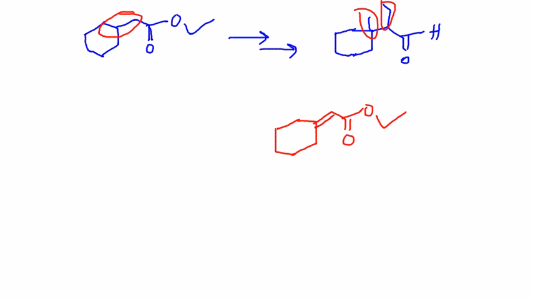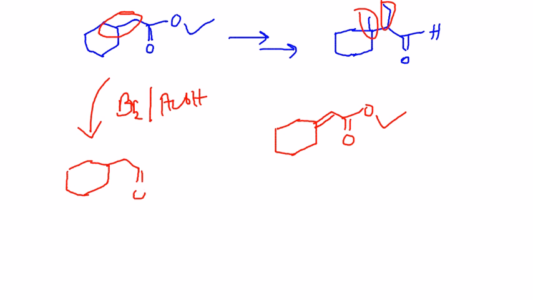And so one way to do that is to use bromine in acetic acid such that the alpha position gets brominated, and treat that with KOH.